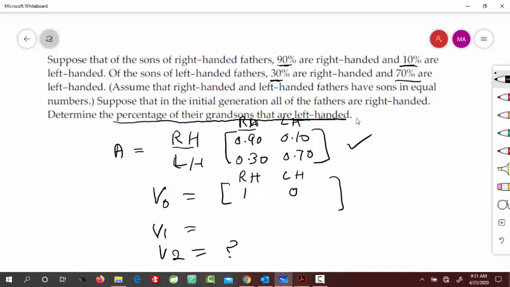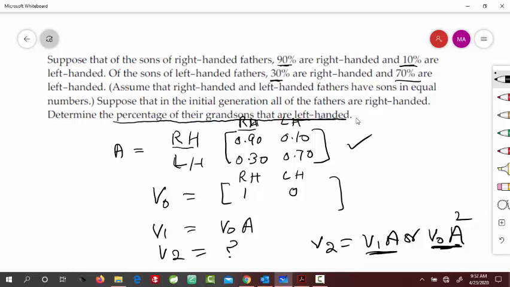The relationship is that to find V1, we first find V0 times A, and then for V2, V1 times A, or this can also be done by using V0 times A squared. Either would work to answer this question.